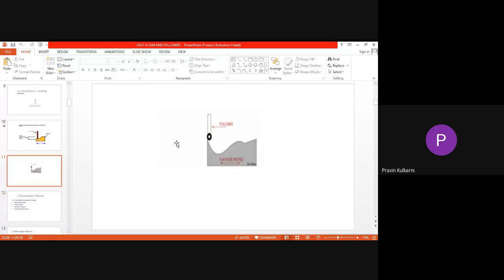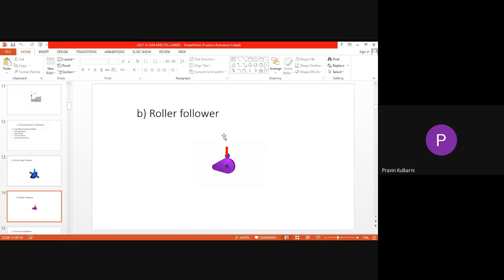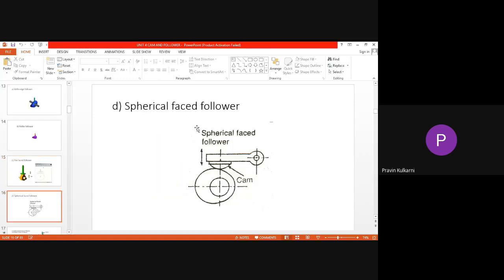In case of eccentric follower, the axis of the shaft is away from the center of the cam. Lift is given by y equal to E into 1 minus cos theta. Different shapes of the follower are knife edge follower, roller follower, flat faced follower, spherical faced follower. We have discussed this already.